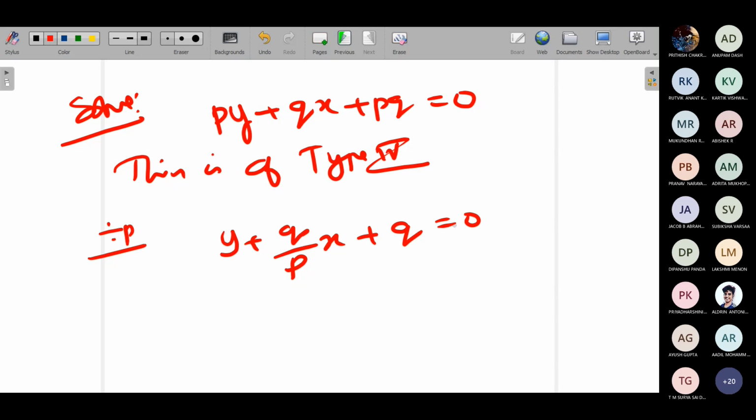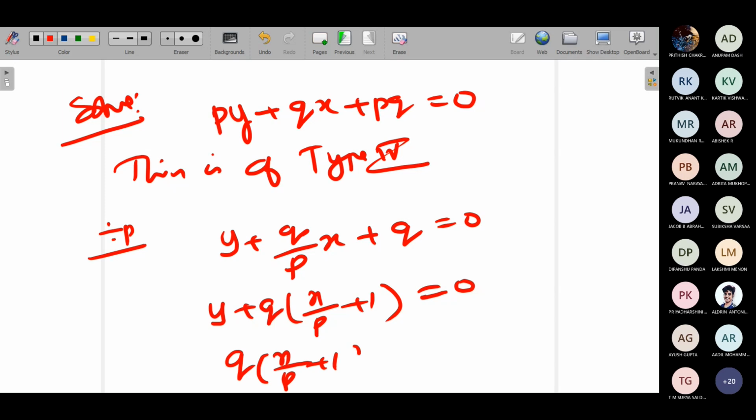Now you have to separate p and x on one side, q and y on the other side. You can take q common outside: q into x by p plus 1 is equal to minus y.